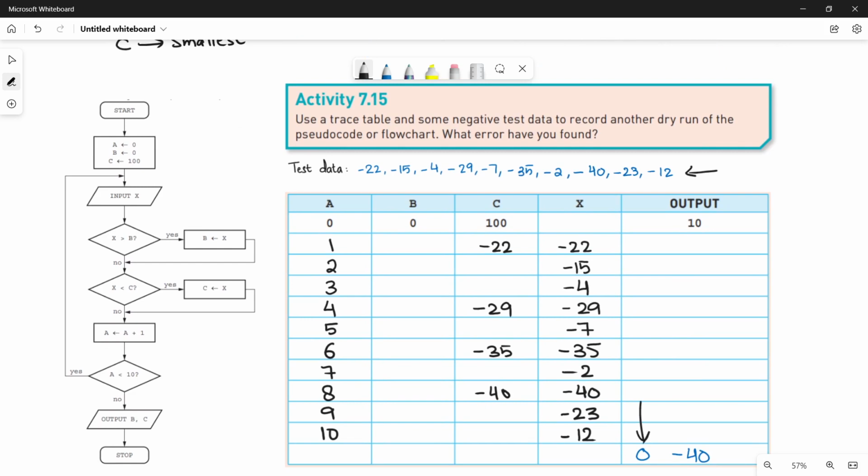It means the highest value is not identified. It's wrong. It's not been identified by the flowchart. Whereas the smallest value in my test data was -40. It is correct. The smallest value was detected, but the highest value, which was -2, was not detected.